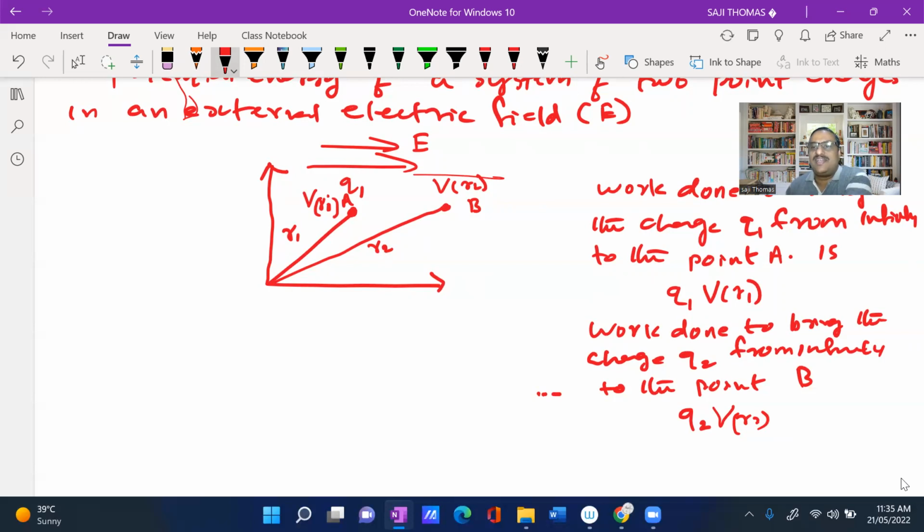That work done against their mutual interaction, I am taking as W12. We learned that already. The potential energy between two point charges is 1 by 4 pi epsilon 0 into Q1 Q2 by R12. What is R12? R12 is the distance between A and B.